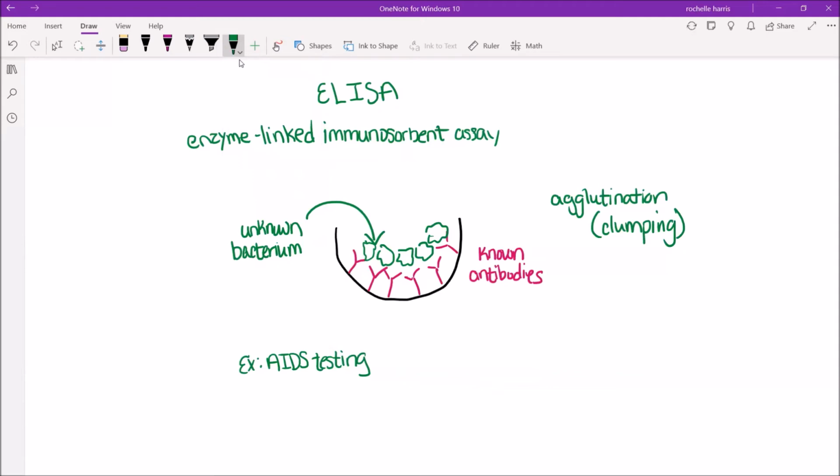If this occurs, of course, we'll have a positive test, because we know then that this bacterium is the bacterium that allowed the host to produce specific antibodies for it. An example here is the AIDS test.